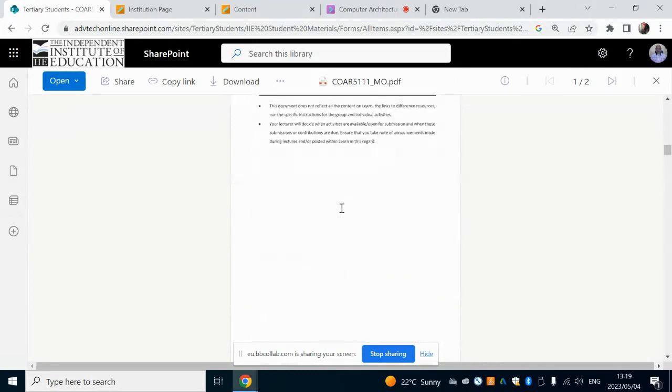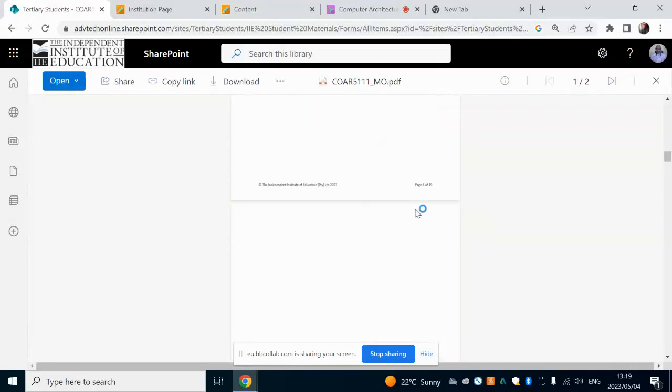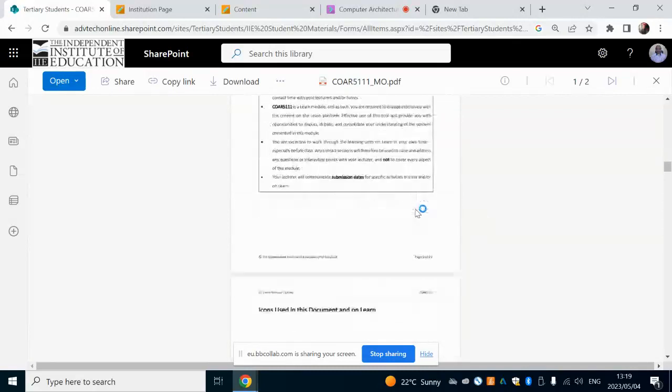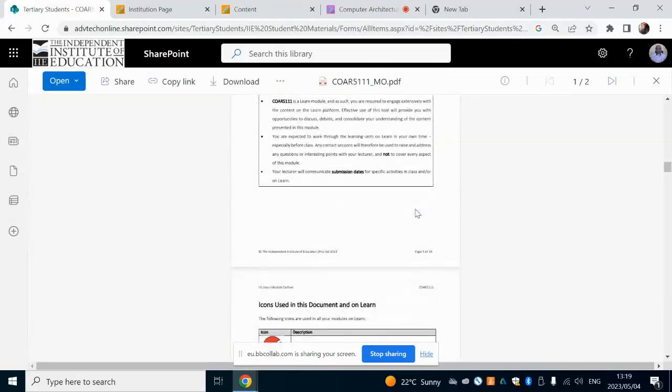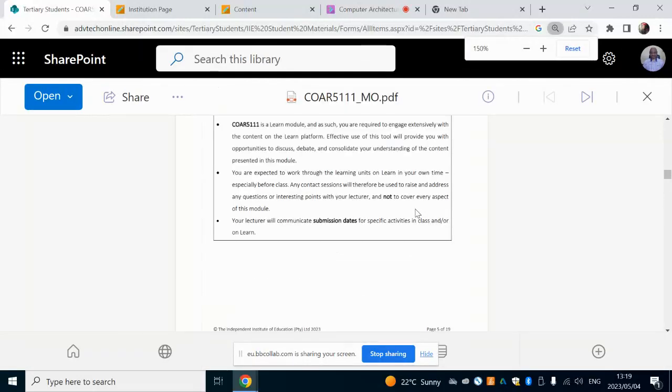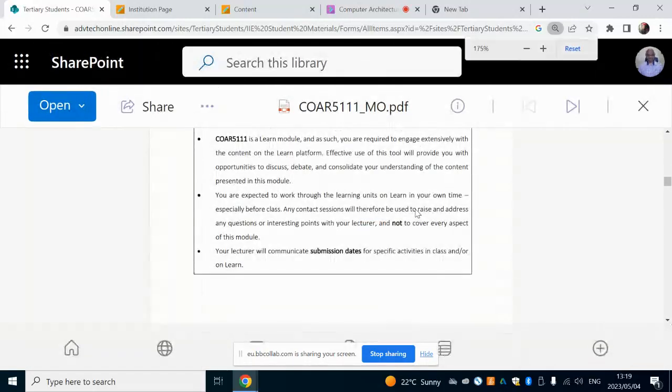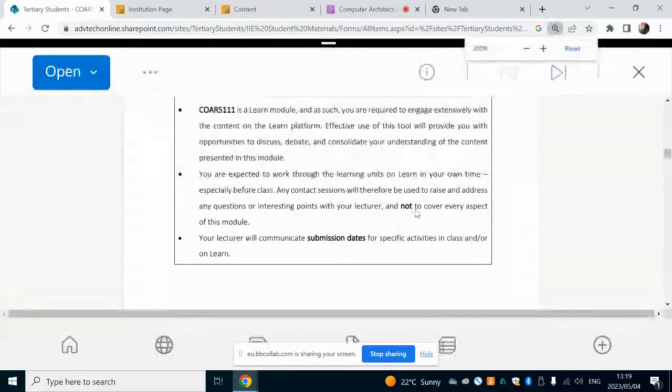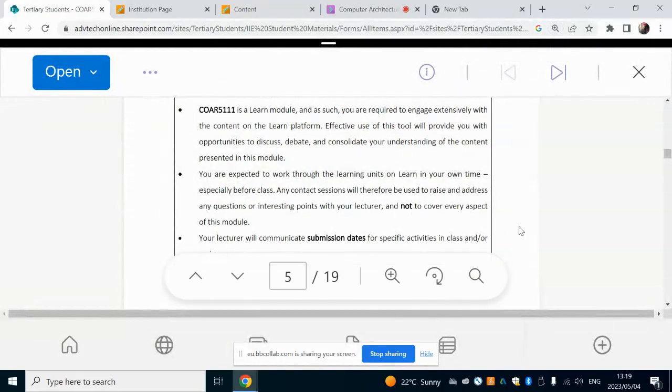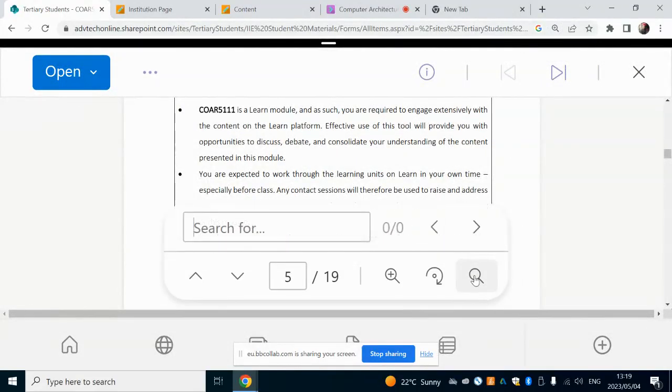what am I looking for in the module outline document? How do I make this bigger here? Zoom. So in my module outline, oh, there's the zoom here. I can make it bigger here.